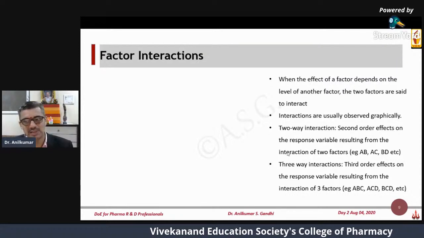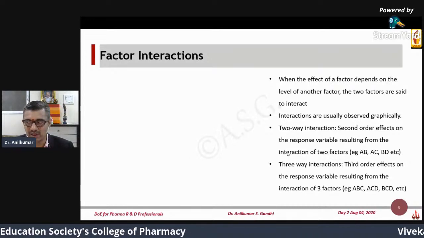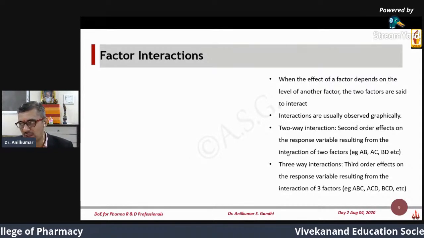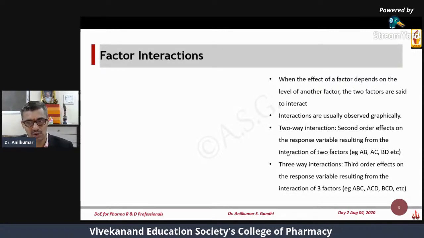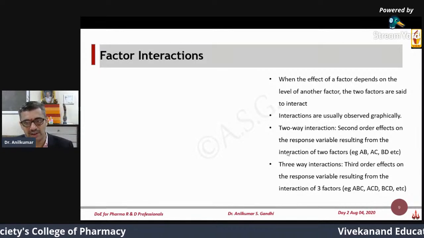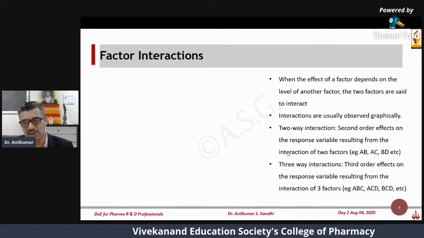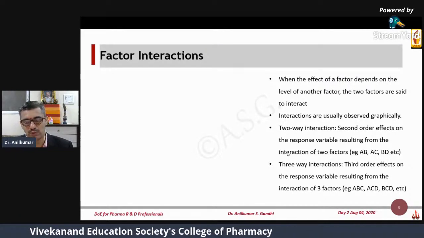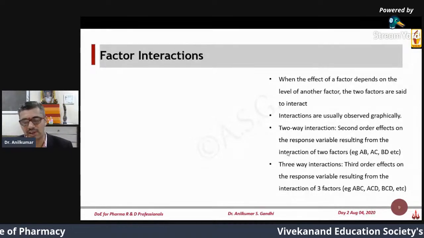They are usually seen very easily in graphs, like the half normal and Pareto chart. Similarly, interactions are also seen graphically. Now, what do we mean by two-way interaction? That is the second order effect on the response variable resulting from the interaction of two factors, denoted as AB, AC, or AD.